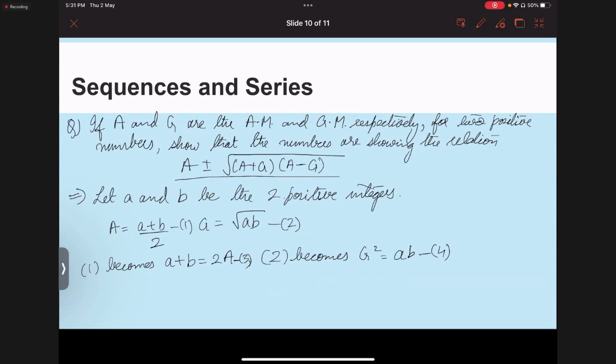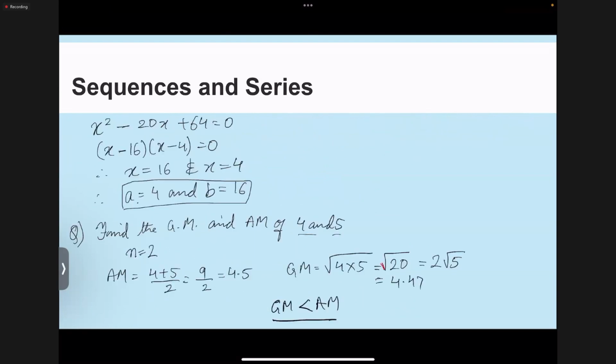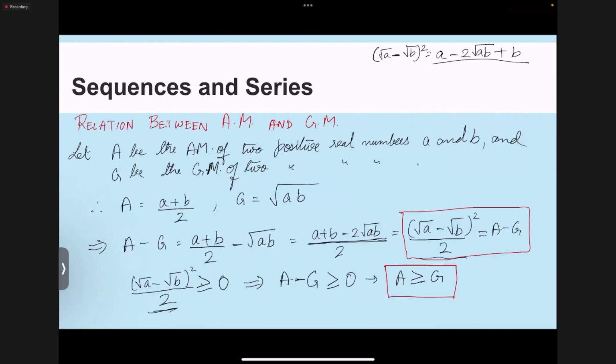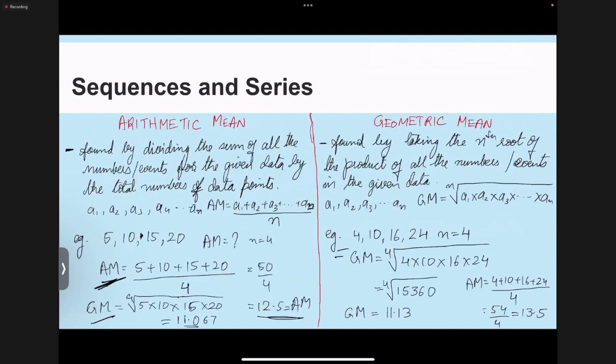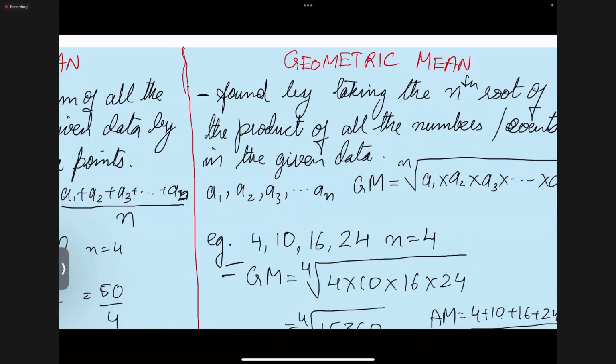Yeah. So remember the relation that we had found in one of the previous slides, this one. This one we will use again, using the identity.